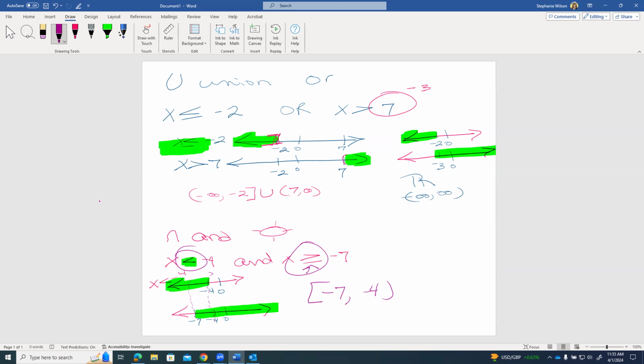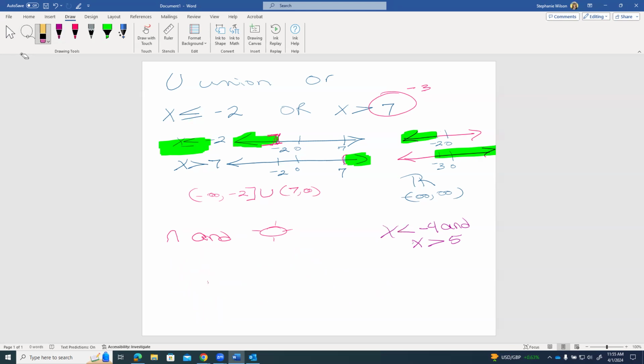However, what if we had x is less than negative 4 and x is greater than 5? Guys, I'm going to erase this just to give me some space. I hope you already wrote it down.